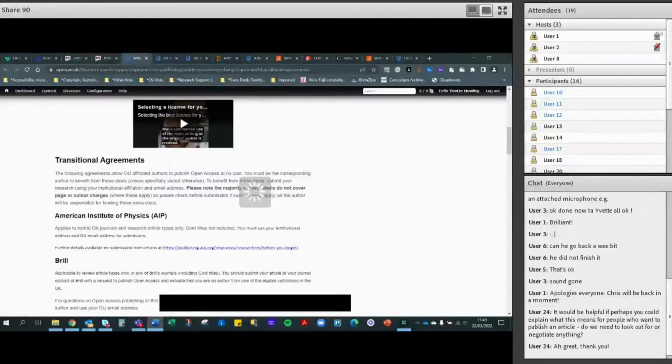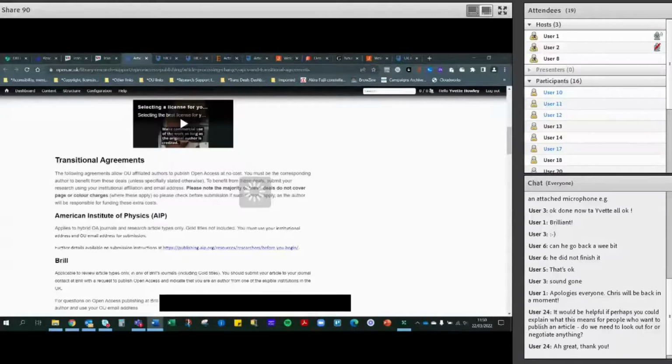So if you find that you want to go ahead with the deal, you can submit a request to the publisher and say to them that you wish to publish Gold Open Access through our transitional agreement with them. The request will come through to us in the research support team, and we check over the details and the eligibility criteria and approve it as necessary. If we have any queries, we would also let you know.